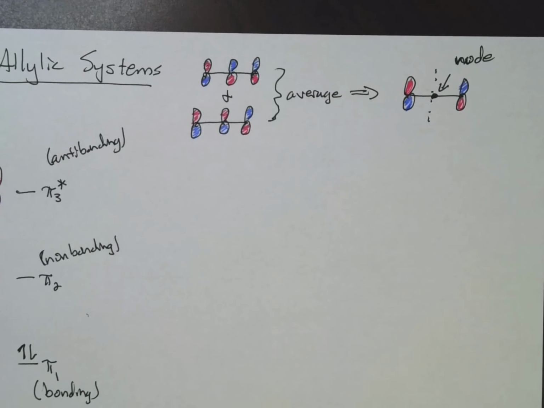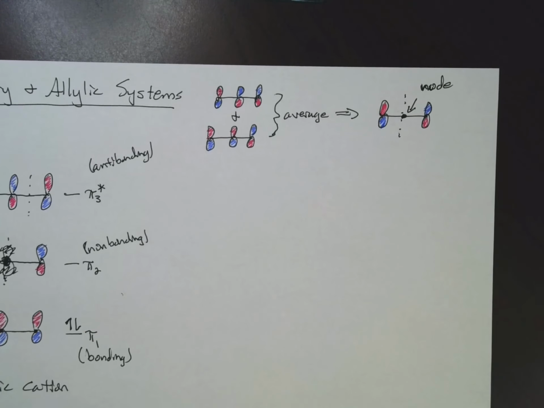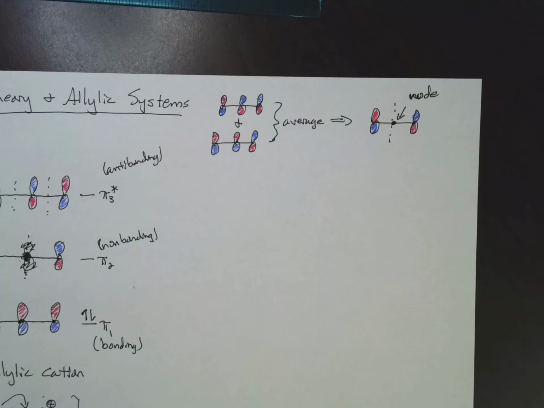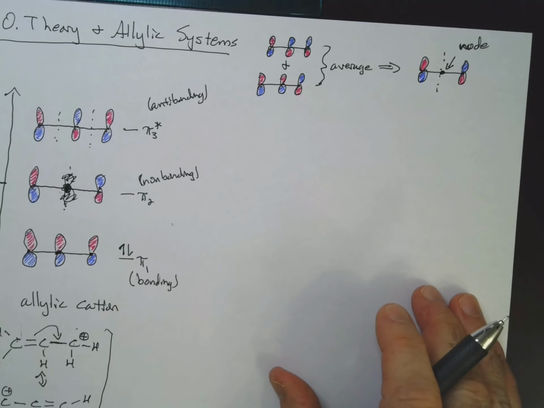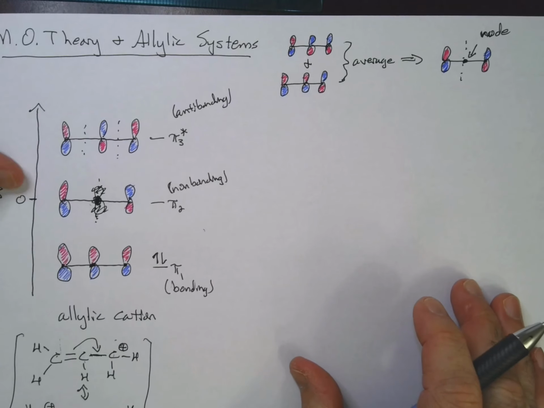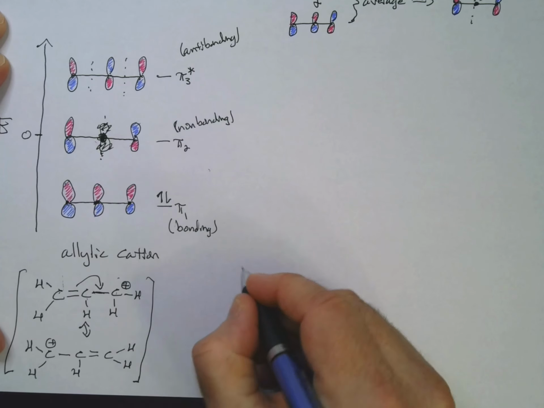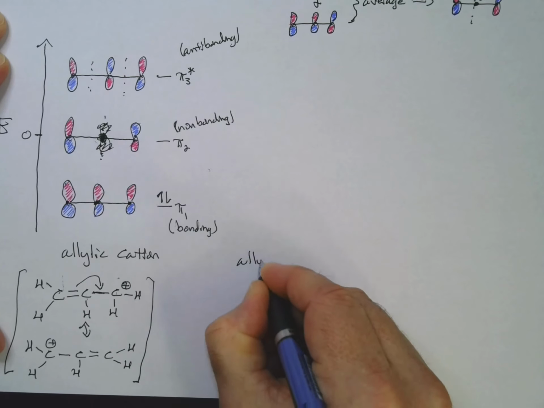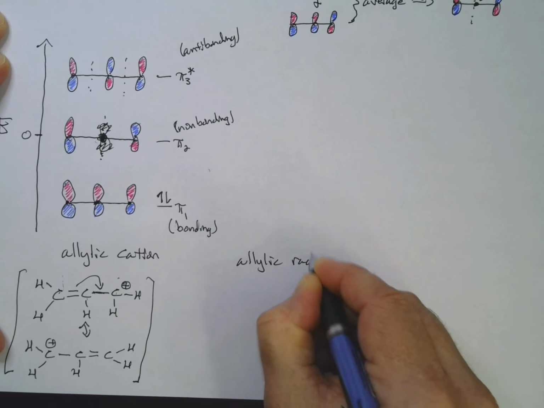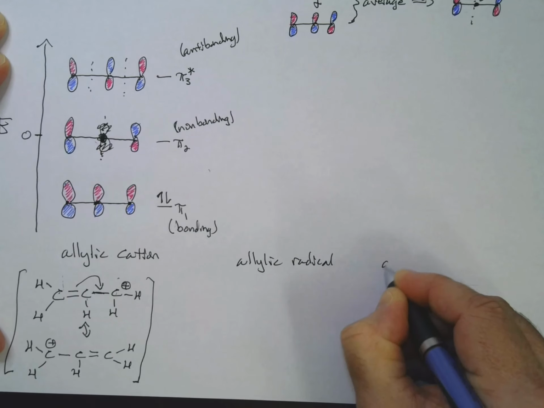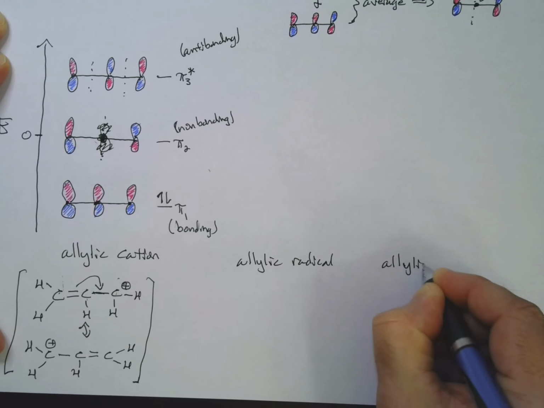All right. So let me back up here again. Whoops, a little too far. There we go. Okay. Now, we could also have an allylic radical or an allylic anion.